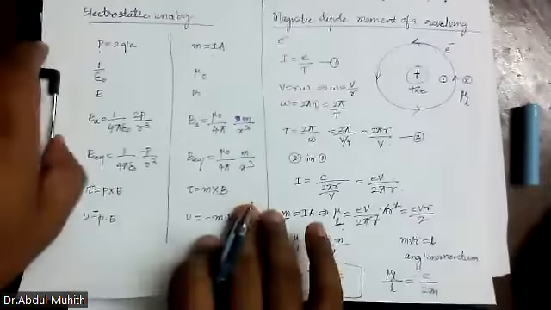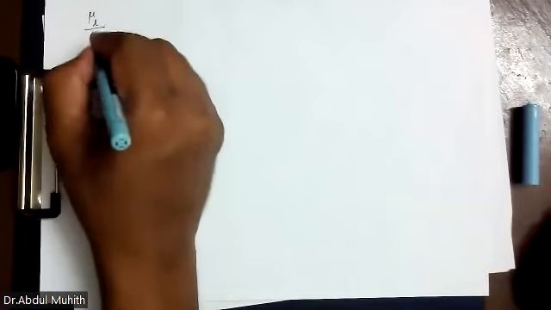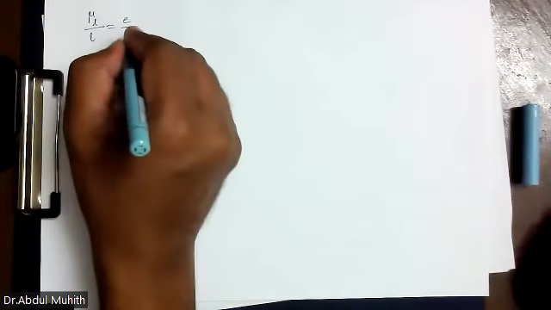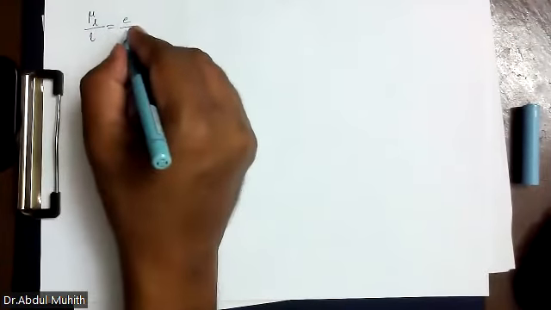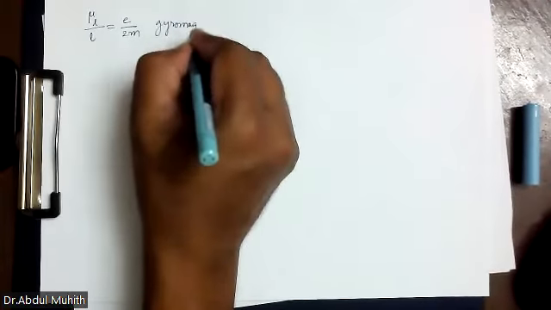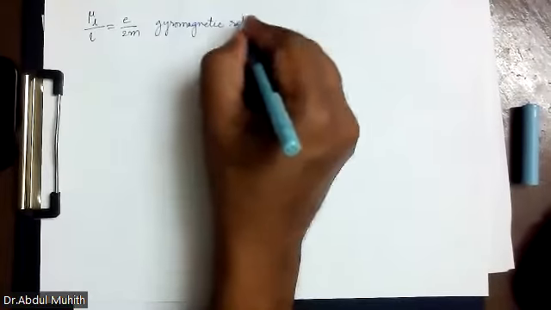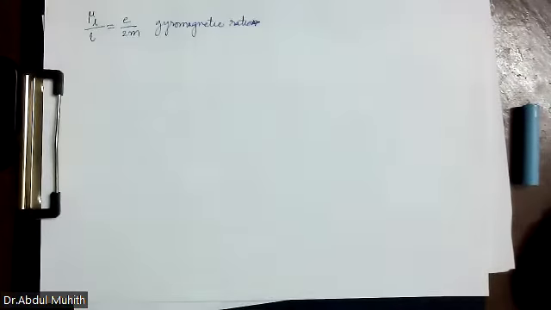The second part: mu L by L is equal to e by 2m, which is known as the gyromagnetic ratio. Gyromagnetic means there are two motions at the same time. Suppose I'm keeping one paper in this way, like this is the object.